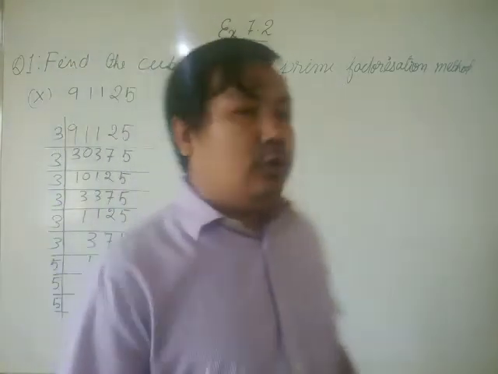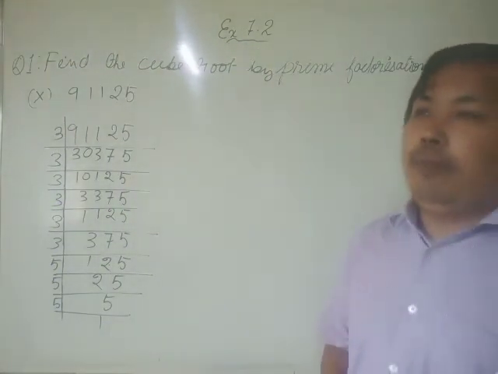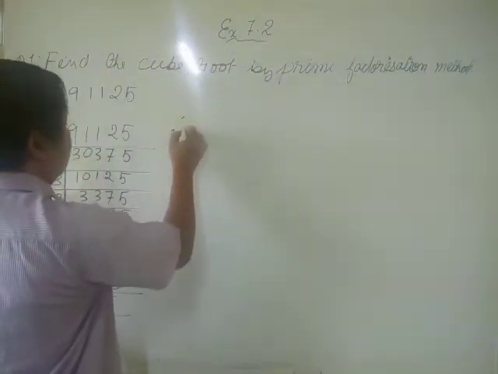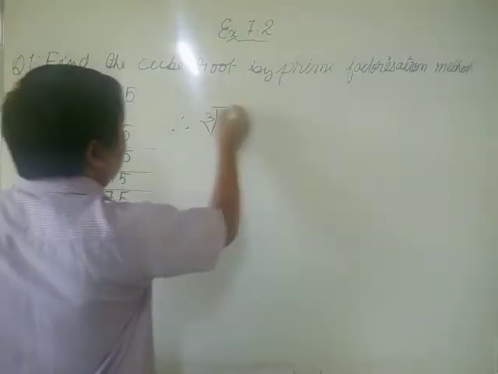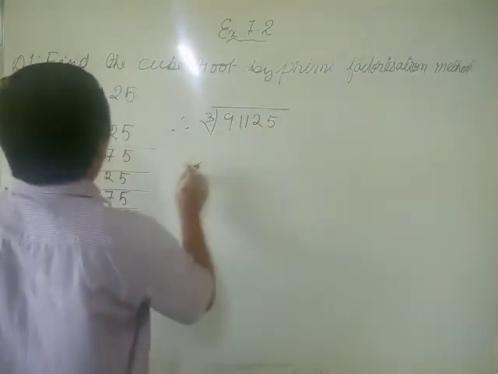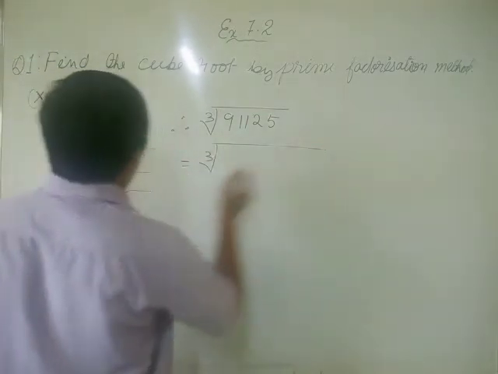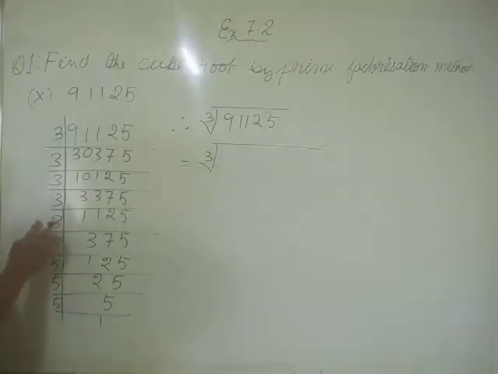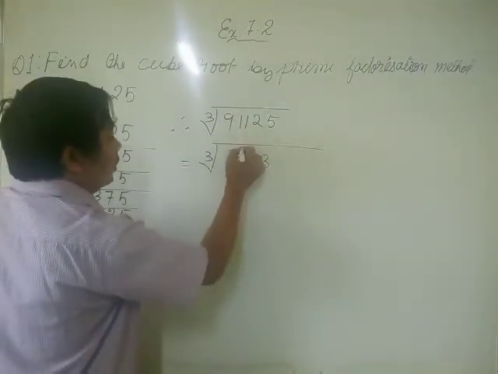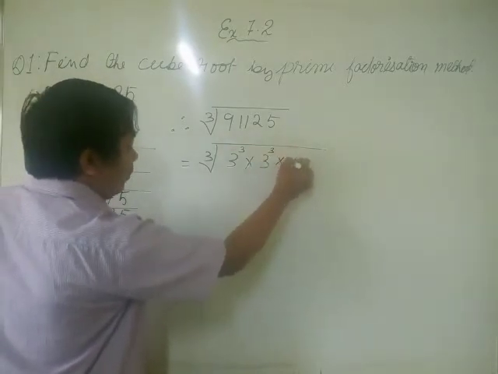You know what to do with the prime factors: you have to group three of them and multiply the numbers, isn't it? So the cube root of 91,125 is equal to the cube root of 3 into 3, 3 cube into 5 cube.